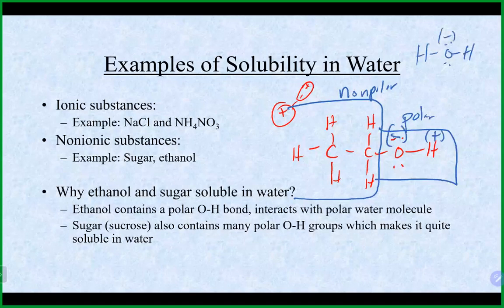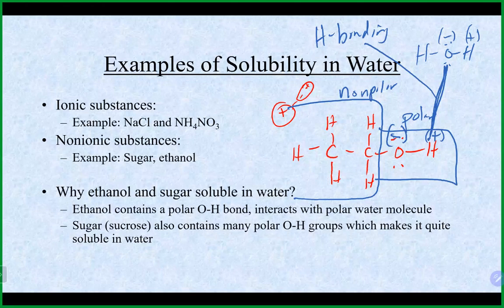It has that negative and positive. So when these two get together, the positive side of one is attracted to the negative side of another. That is a bond between hydrogen and oxygen, which means this is an intermolecular force known as hydrogen bonding, like we talked about in the last chapter. So it's able to hydrogen bond with water, which makes it really soluble in water. So even though it is not ionic, it has that polar part and it's able to interact.